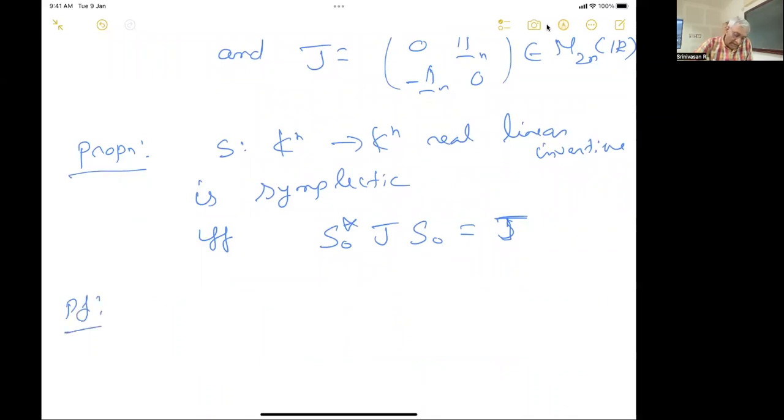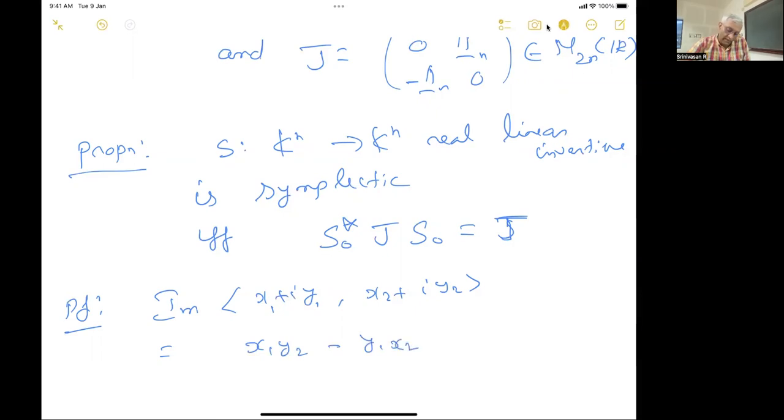You have to notice that the imaginary part of x1 plus iy1, x2 plus iy2 is equal to x1, y2 minus y1, x2.